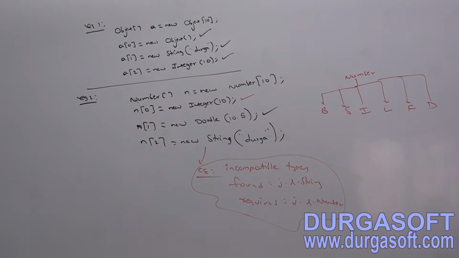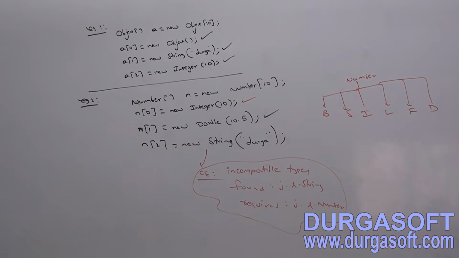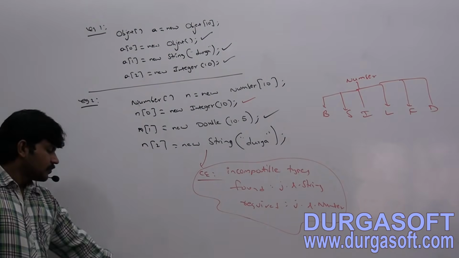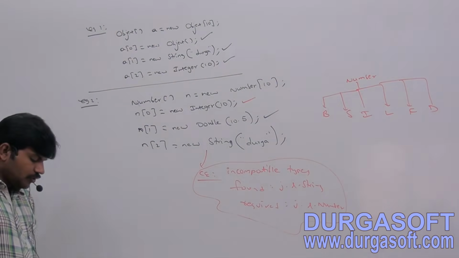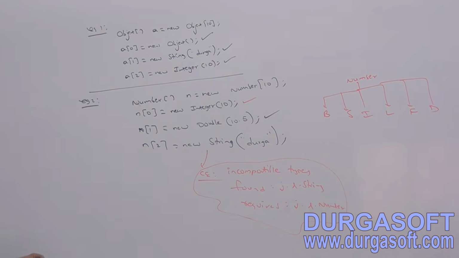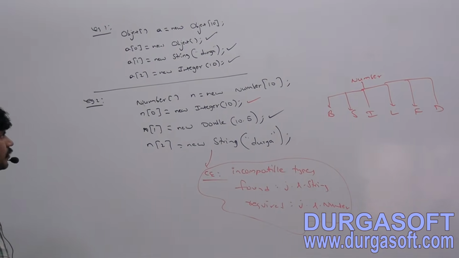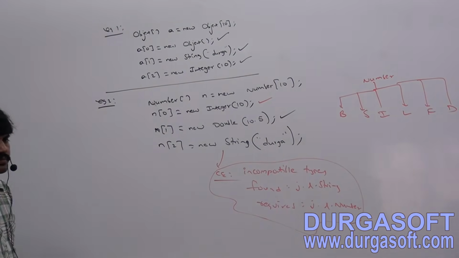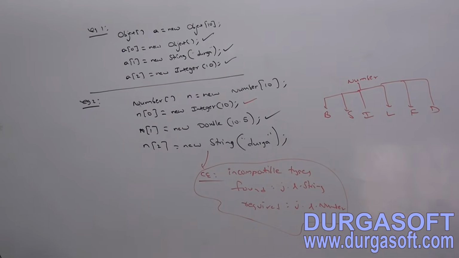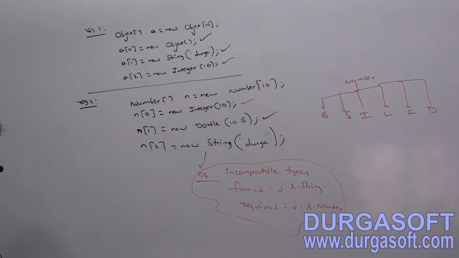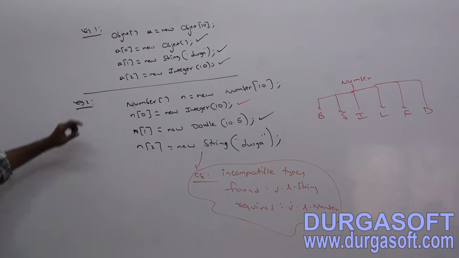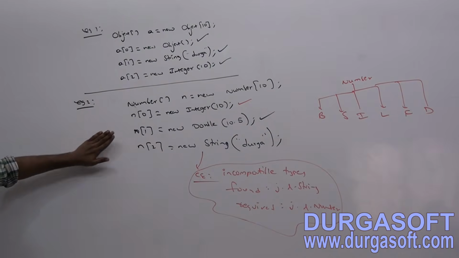Object[] a = new Object[10]. a[0] = new Object(). a[1] = new String("Durga"). a[2] = new Integer(10). Completed, right? Example 1. Next, example 2.